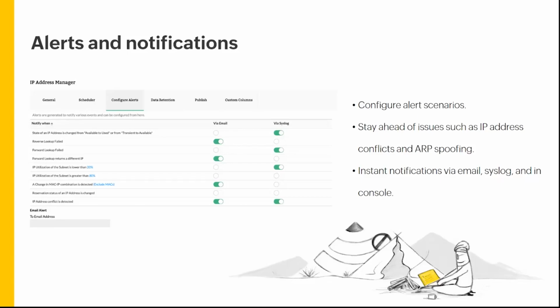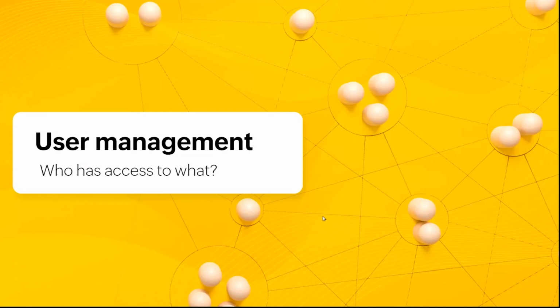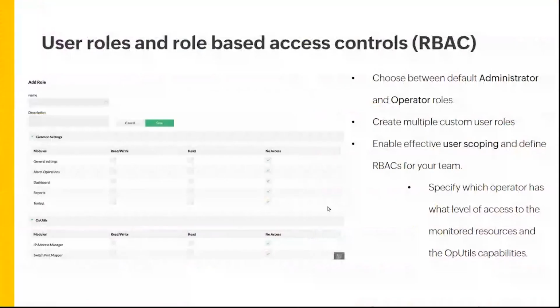Moving on to the next topic, which is user management. OpUtils role-based access control tool can help you create customized roles for various users and team members based on their domains. Predefined roles such as administrator and operator are also already available. Now, we did speak about this role when we discussed the IP address management module, where we spoke about raising IP requests.